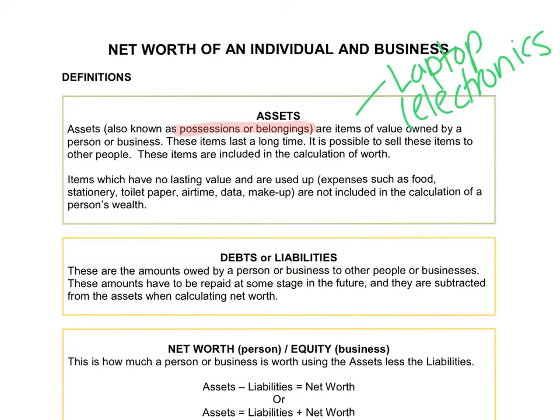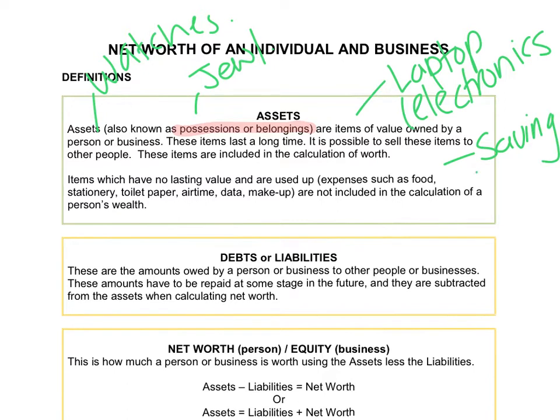The second thing we can think about is possibly if we have jewelry, or we could have watches. Other assets that we talked about in class when we looked at our personal wealth were the money in our savings account. We could also see how much money we maybe have in our purse.